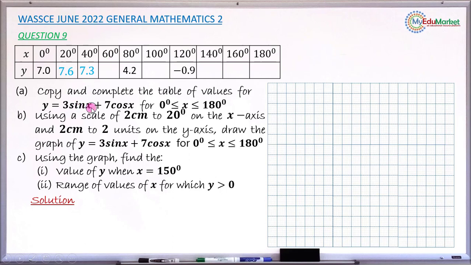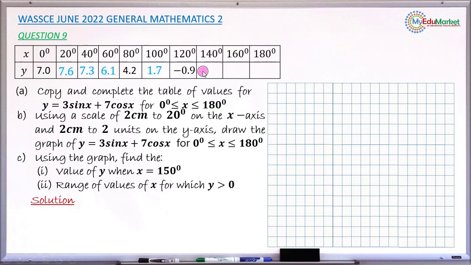Find sine 60 multiplied by 3, find cos 60 multiplied by 7, and add the two results. You now have 6.1. Next is when x is 100. Find sine 100 multiplied by 3, find cos 100 multiplied by 7, and add the two results. You now have 1.7 rounded to one decimal place.